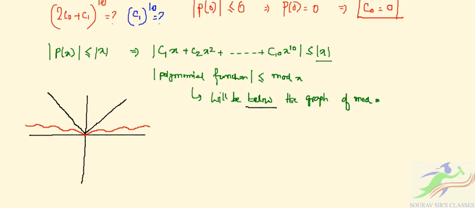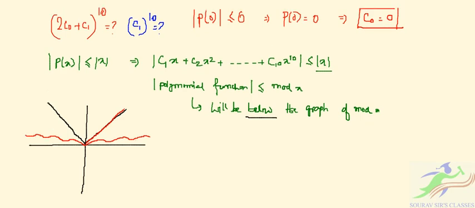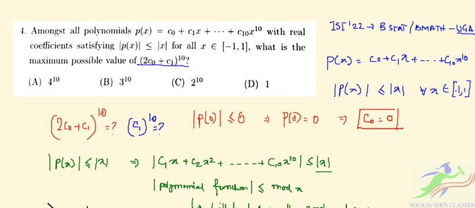So the maximum value of the polynomial function will be bounded by this |x|. This will be the maximum value, right? So for the polynomial function, we have this c1x, and this will be the maximum value, and we have to find the maximum possible value of this expression.